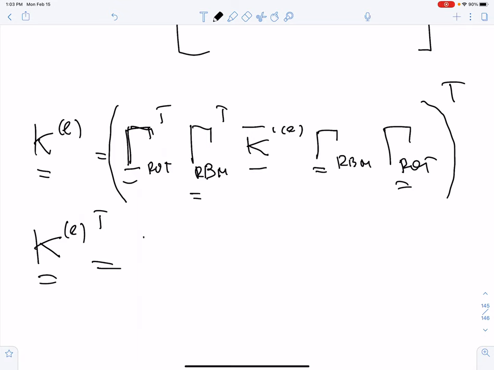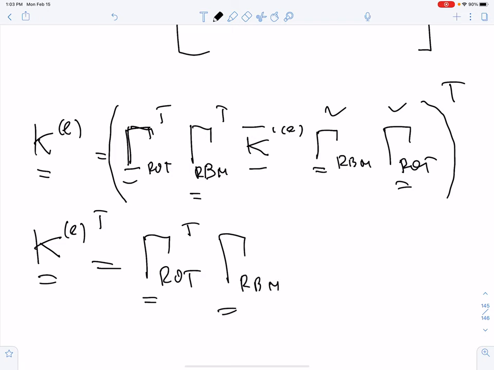And so you find this becomes gamma ROT transpose, followed by gamma RBM transpose, followed by K prime E transpose, followed by gamma RBM, and followed by gamma ROT.